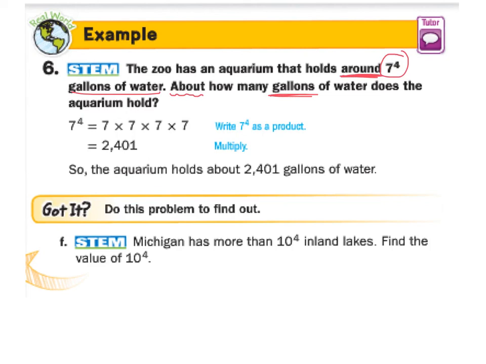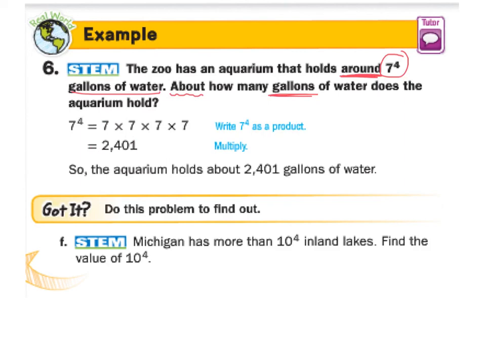So we're still actually computing and finding the actual answer. So 7 to the 4th power would be 7 times 7, which is 49, times 7 more. And at this point, you can have your calculator out. So 49 times 7 more equals 343, times another 7, the 4th one, and we get 2,401. So the aquarium holds about 2,400 gallons of water.